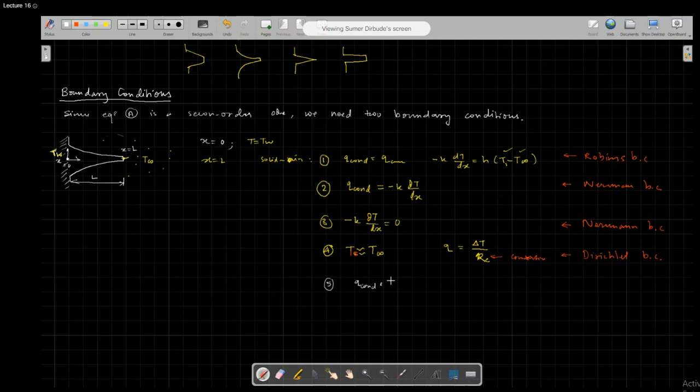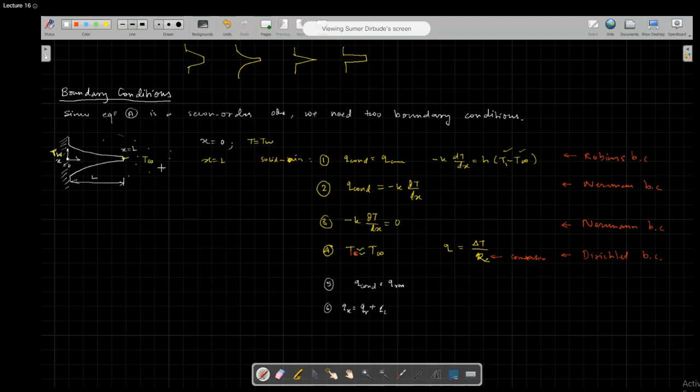If radiation is a dominant one, then Q radiation may be possible. Another thing is there may be a combination of radiation plus Q convection. That is dependent upon the situation at hand.